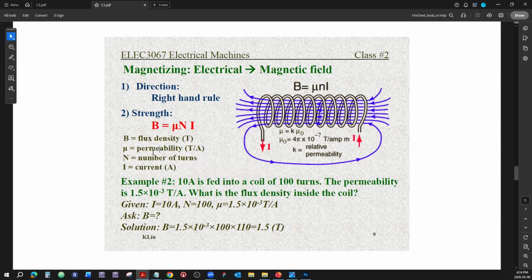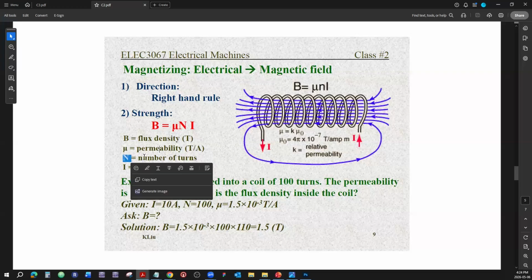Permeability is the quality that tells us how easy it is to magnetize or demagnetize something, like a ferric core, usually. Ferric stands for iron core.